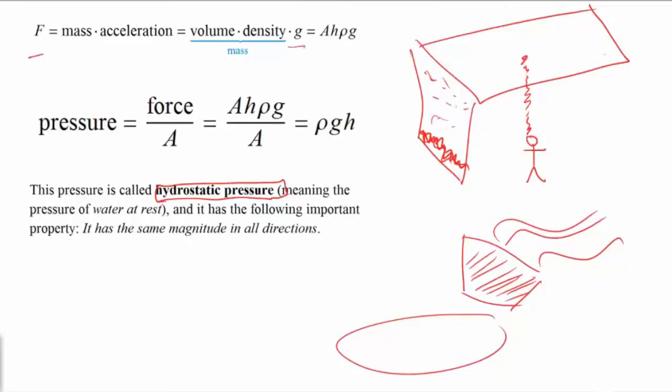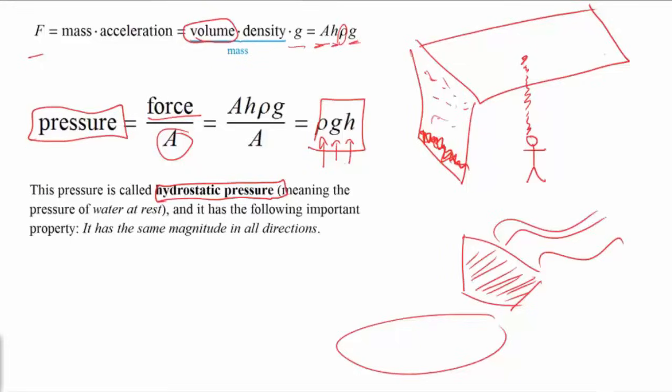So our total force here is the area times the height times rho, that's your density, times gravity. Because our volume we're getting by a slice times its height. And then the pressure part is defined to be the force divided by the area. So if we divide by area, we're left with just the density, the gravity, and the height.